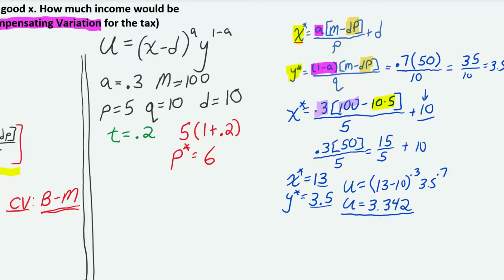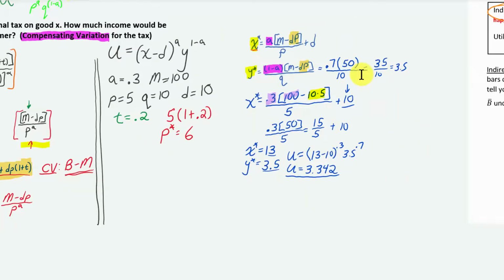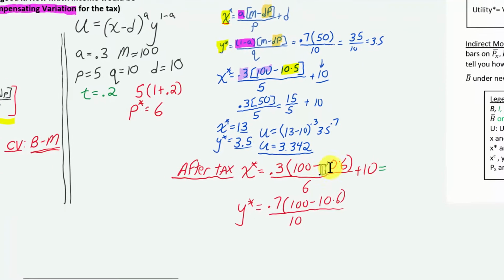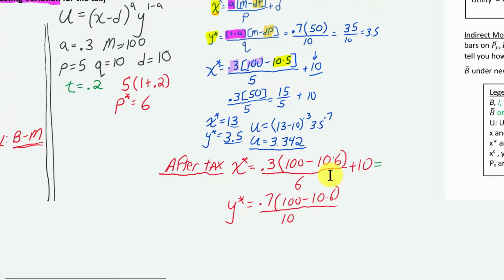So if we go and we plug that back into these equations, I'll just write down the results here. So what's going to happen is now that disposable income, after we buy the minimum daily requirement of good X, well, the minimum daily requirement is now going to take up $60 of our income instead of $50. So we're only going to have $40 in disposable income left after we buy the 10 that we have to have of X.